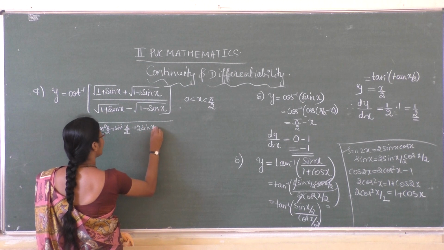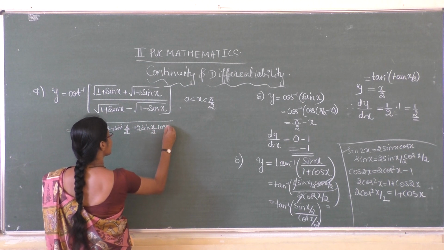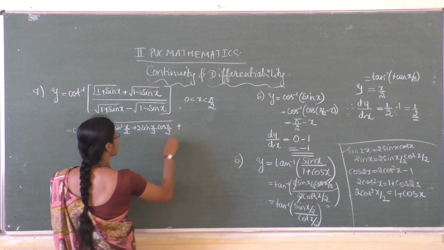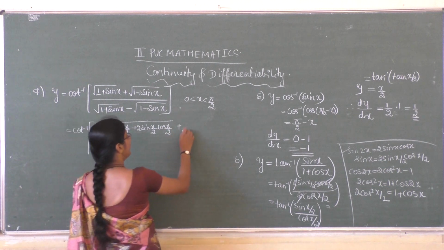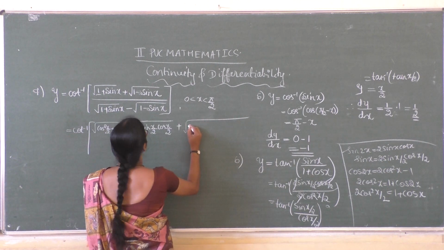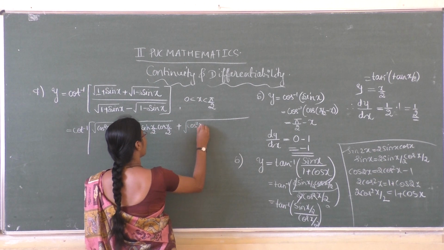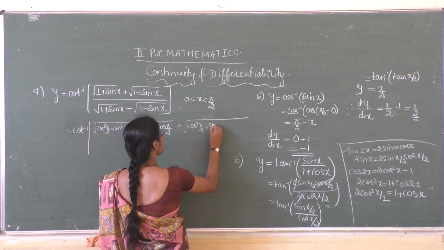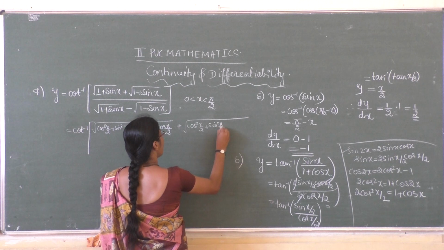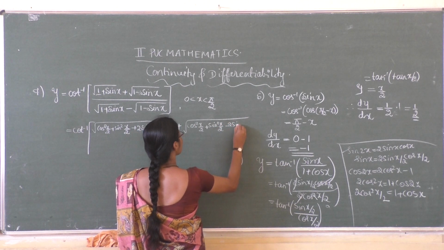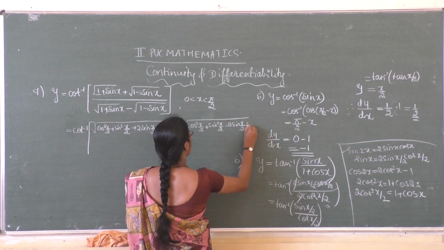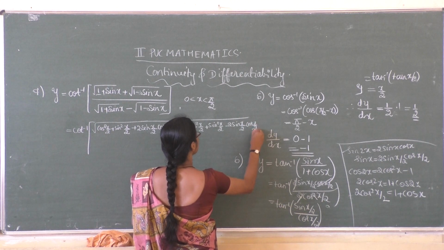So plus 2 sin x by 2 into cos x by 2. Similarly here, cos square x by 2 plus sin square x by 2 minus 2 sin x by 2 into cos x by 2.